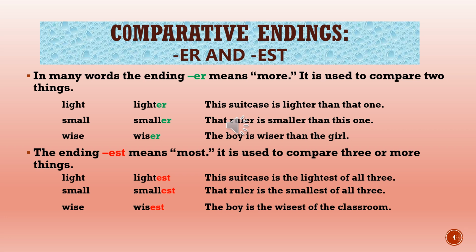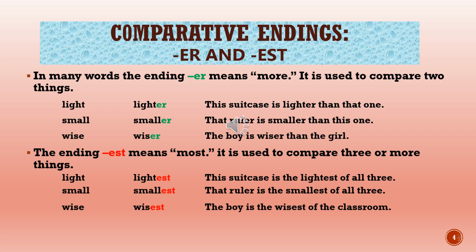But if you have three or more, you are going to use EST. Light is going to be lightest. This suitcase is the lightest of all three. It's small, it's smallest. That ruler is the smallest of all three. Wise, wisest. The boy is the wisest of the classroom.